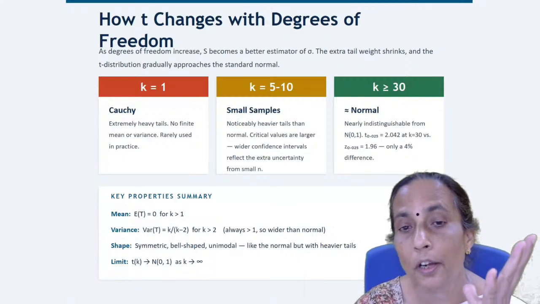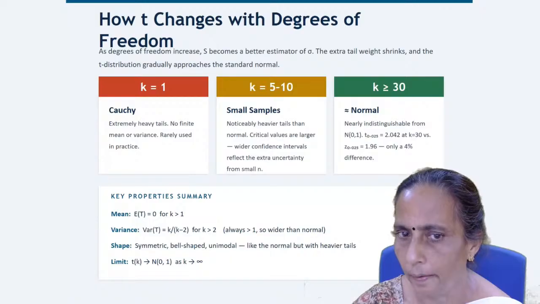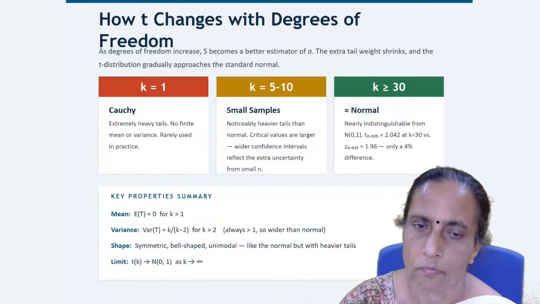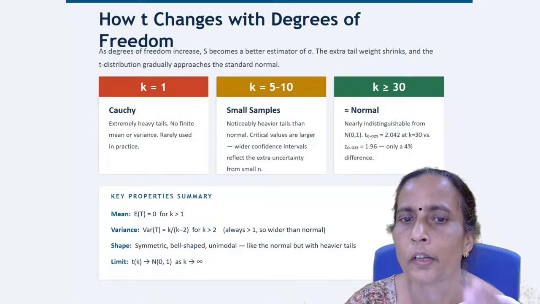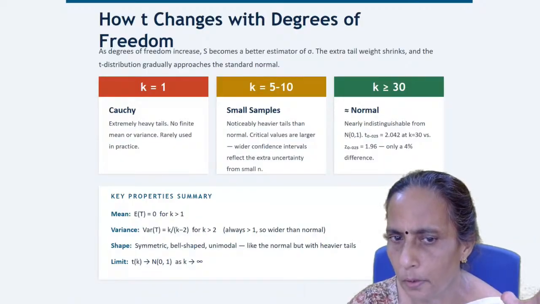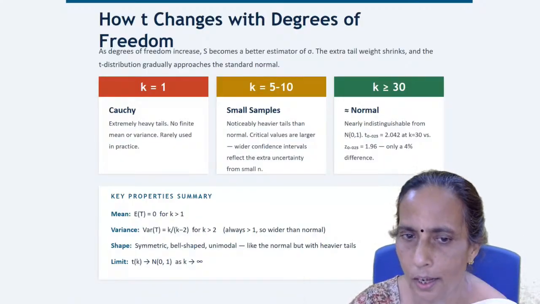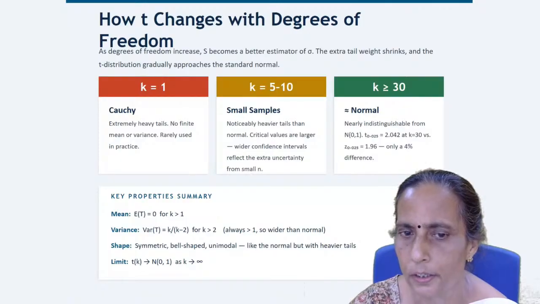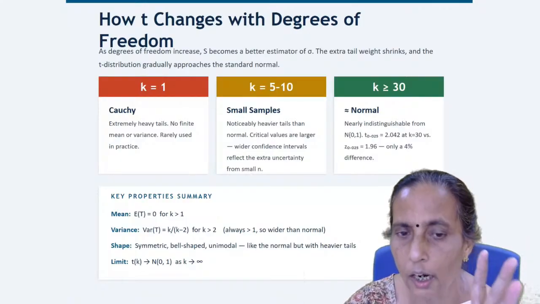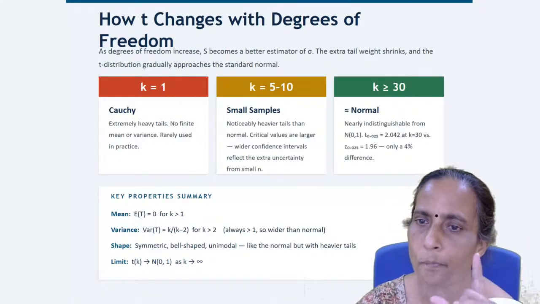But if k is between 5 and 10, for smaller samples, there are noticeably heavier tails than the normal. Critical values are larger, and wider confidence intervals reflect extra uncertainty for small n.